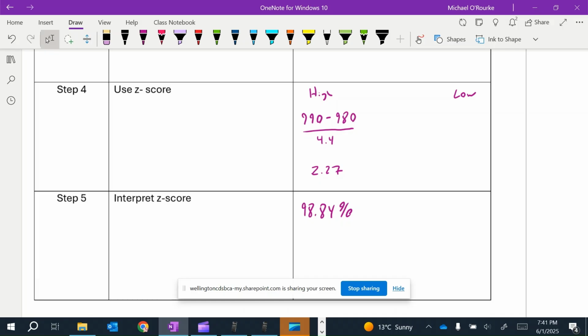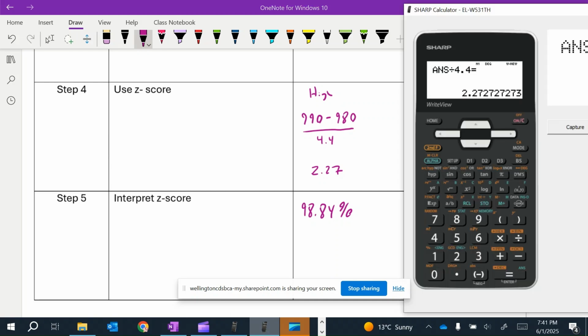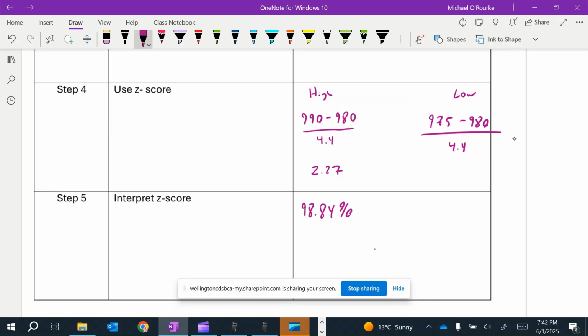I'm going to change that number to 975. 975 minus 980 would have given me a ridiculously big number with 950, so I just want to make sure I get a better representation. 975 minus 980 divided by 4.4 is negative 1.14.